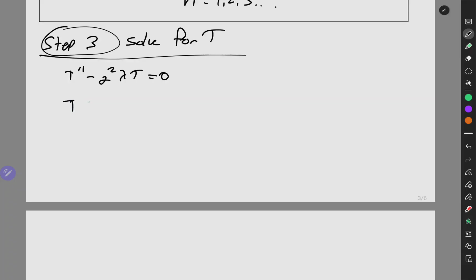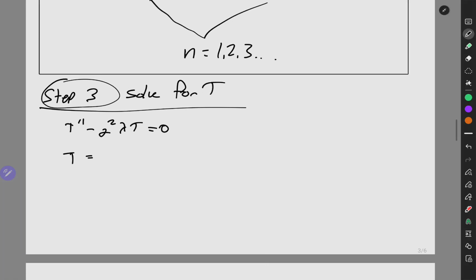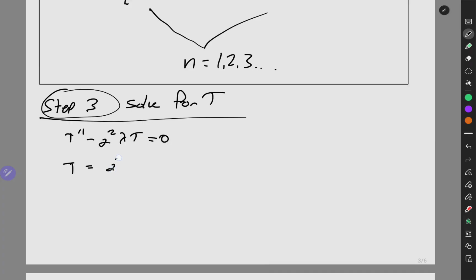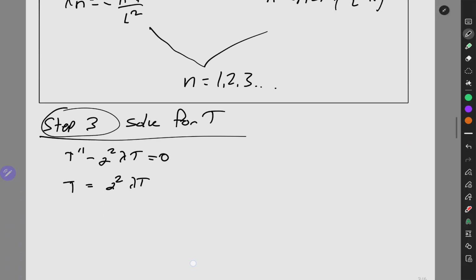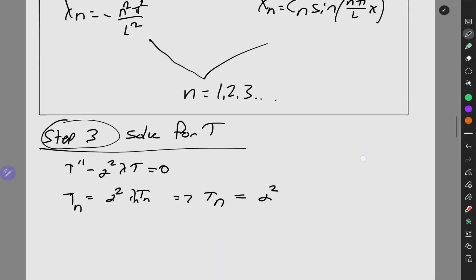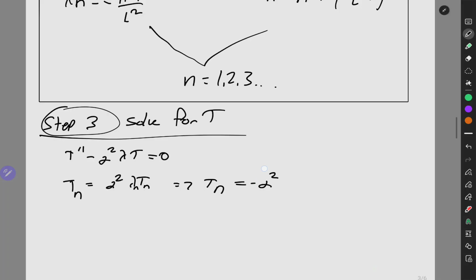Can move that whole right side over. And then we plug in for lambda here. Whole thing becomes negative.